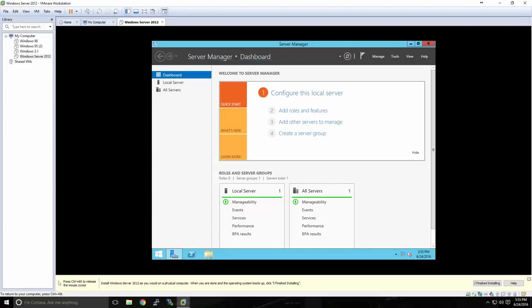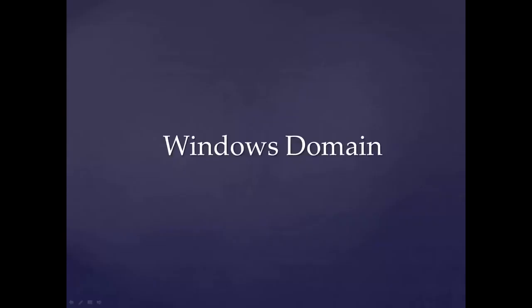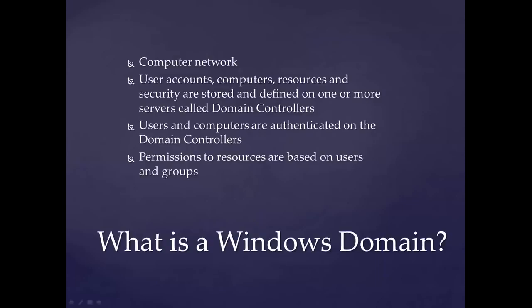our environment. Now that we have a working Windows Server 2012 installation, our next step is to create a Windows domain. Well, what is a Windows domain? A Windows domain is a computer network where user accounts, computers, and resources, and the security for all those things are stored and defined on one or more servers that are called domain controllers.